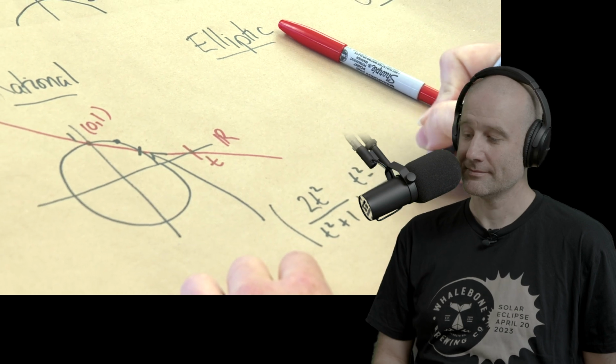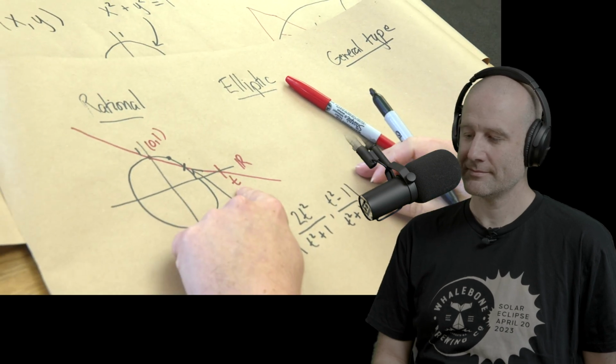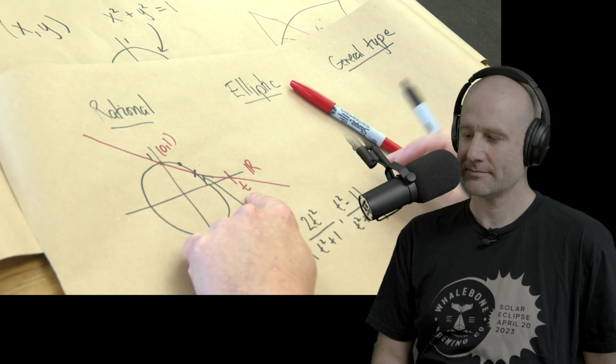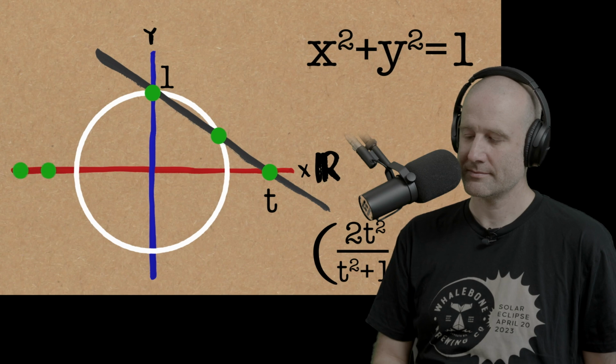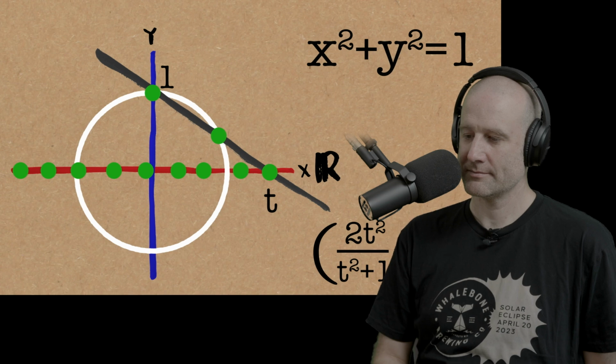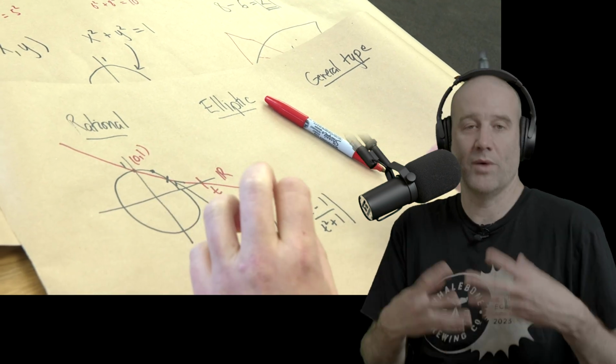This actually has to do with Pythagorean triples, but that's a story for a different day. What's important here is that if t is an integer or some rational number, then these expressions are also going to be integers or fractions more generally. There's heaps of rational numbers on the real line. So I pick some rational number t, I do this construction, and it gives me a point on my curve that has a rational coordinate.